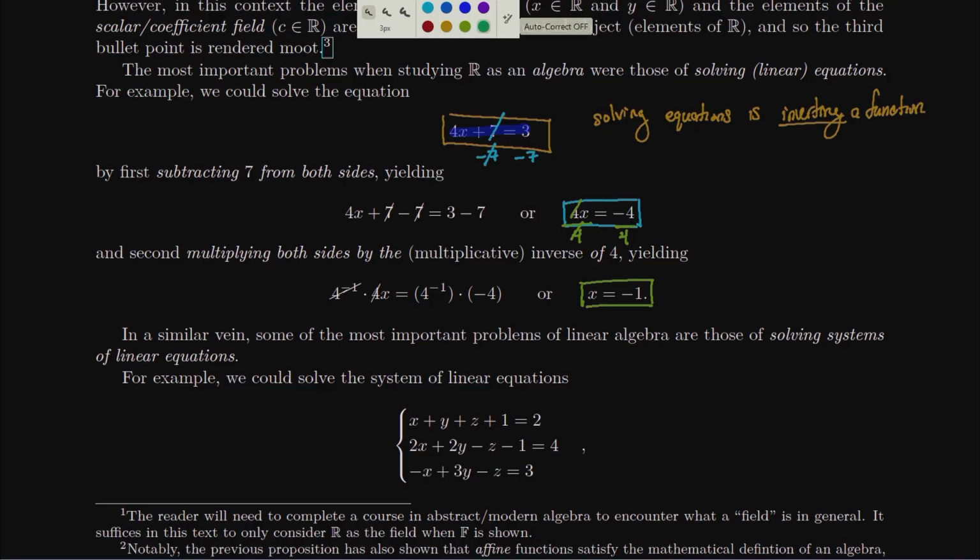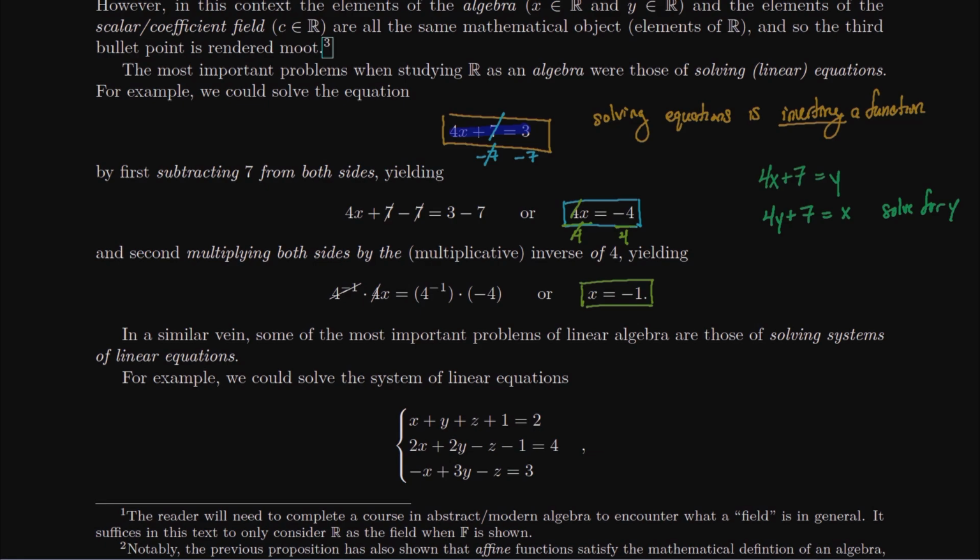Now, why is that the exact same as inverting a function? Let's think about the original function, 4x plus 7, no longer equal to 3. Let's just say this is equal to y. Now we have a y equals mx plus b situation. And if I wanted to invert this, I'm going to swap y and x around. 4y plus 7 now equals x. I'm going to solve for y, which we saw earlier. We're going to subtract 7, and then we're going to divide by 4.